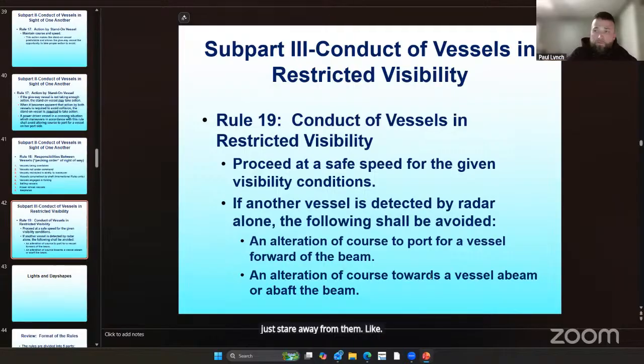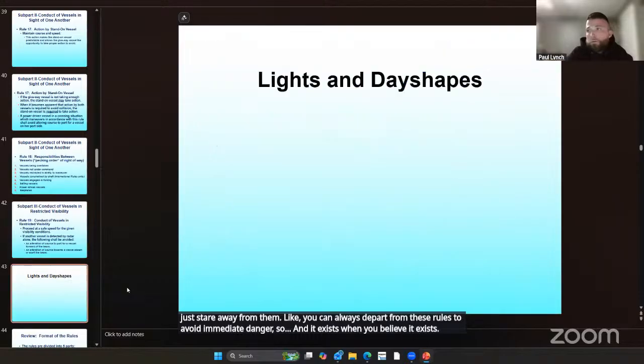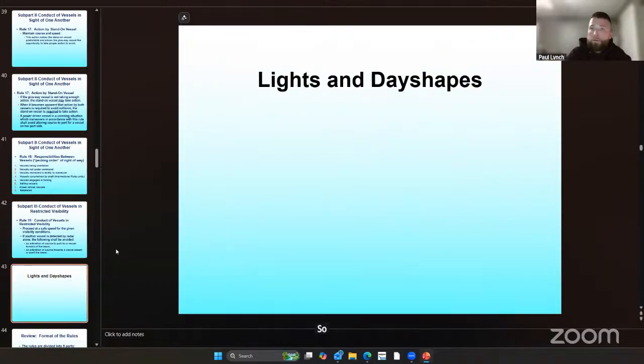You can always depart from these rules to avoid immediate danger, and it exists when you believe it exists. So, any questions of what I went over so far?